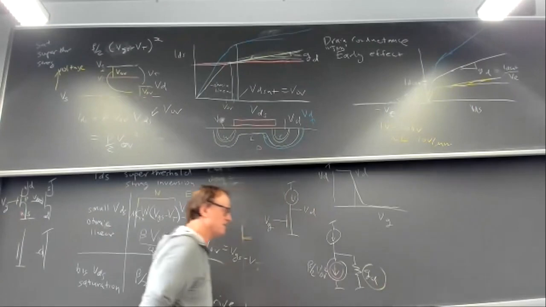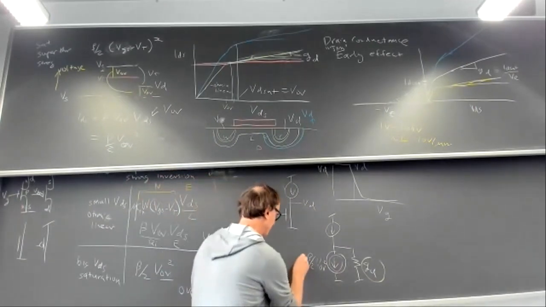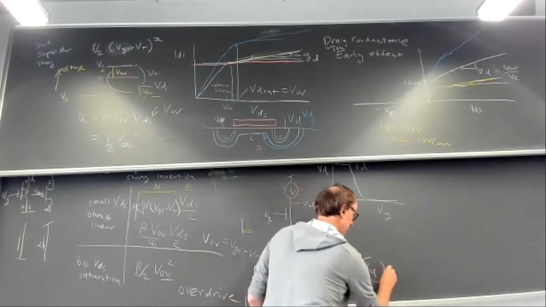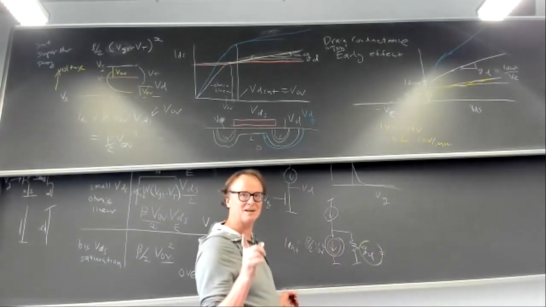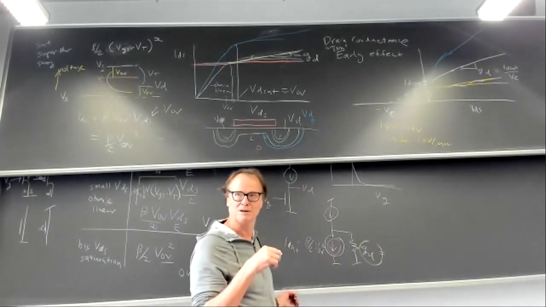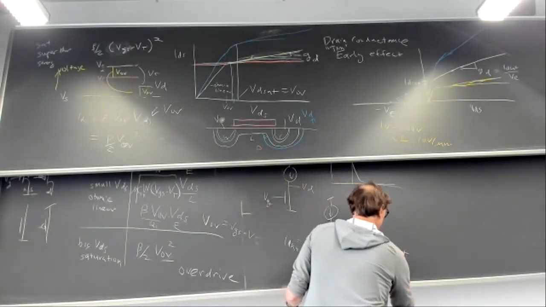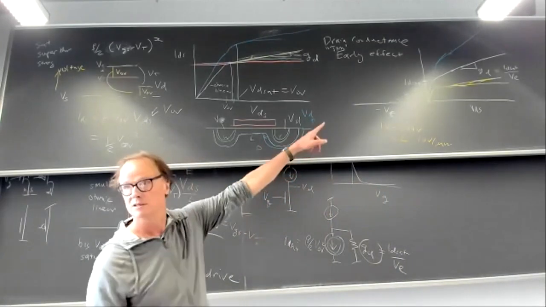And this drain conductance is given by what? I just told you what it was before, right? The drain conductance is what? A conductance is always a current divided by voltage, right? So it's equal to ID sat divided by the early voltage, that thing up there.